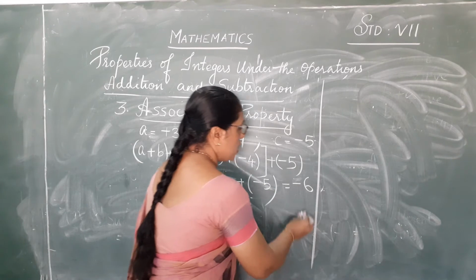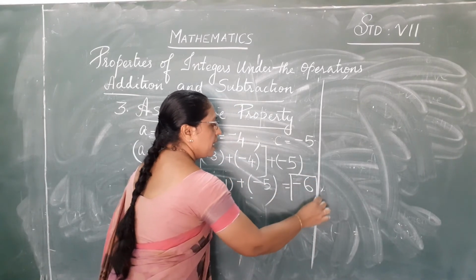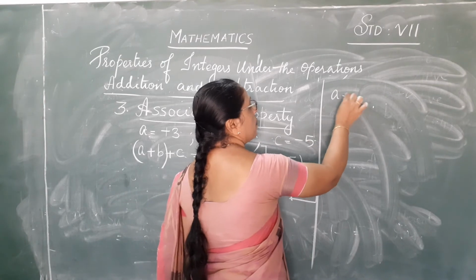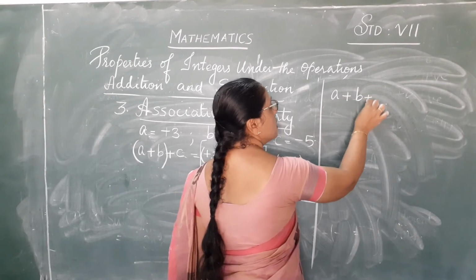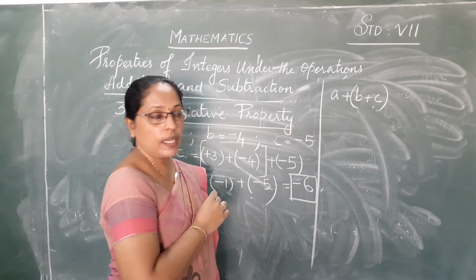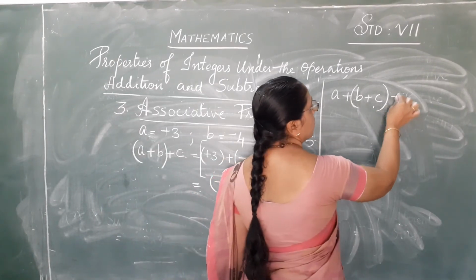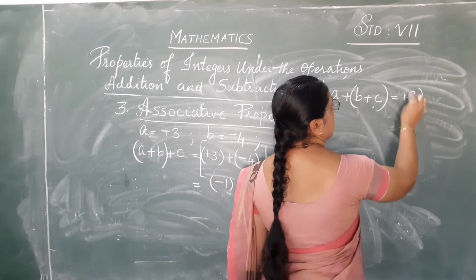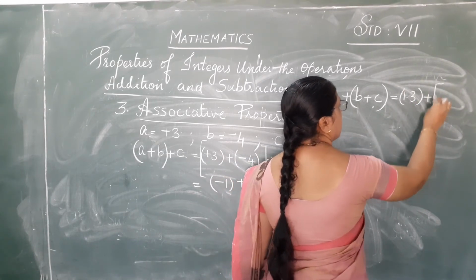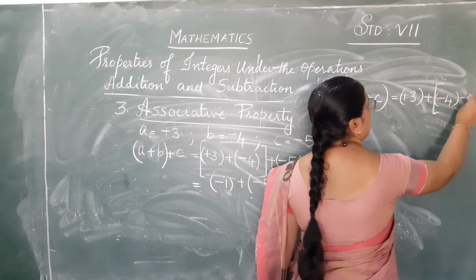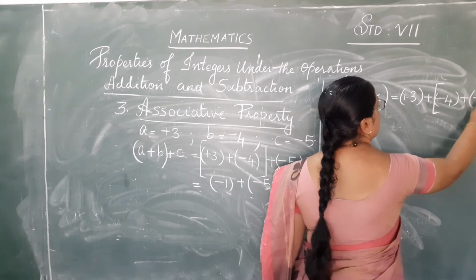Second way of grouping: our answer is negative 6. Next way of grouping, a plus b plus c. I am going to group b and c, which is equal to a positive 3 plus b negative 4 plus c negative 5.